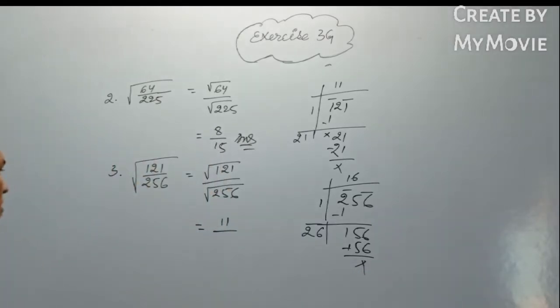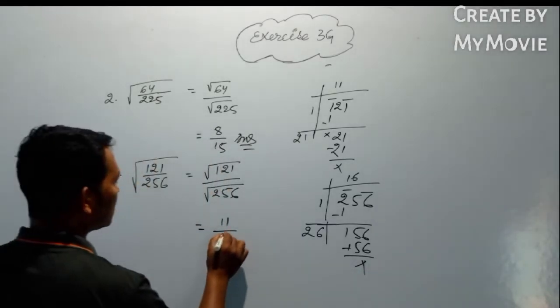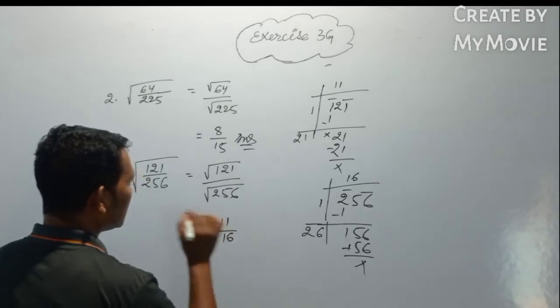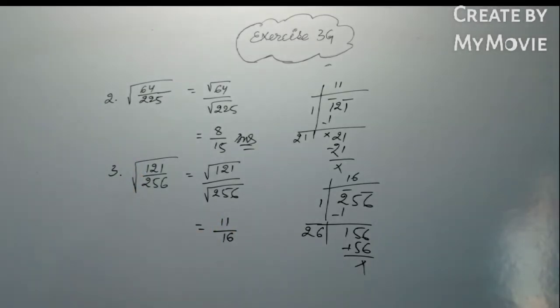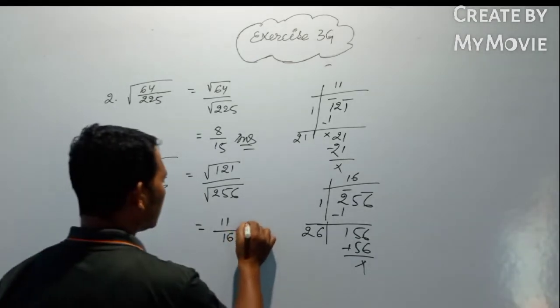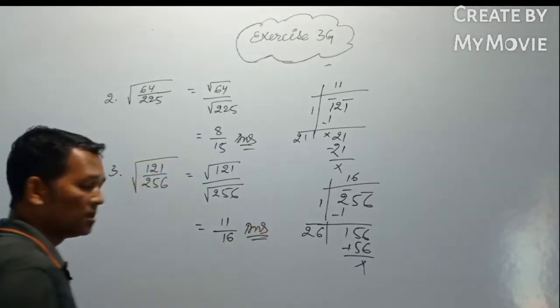So square root of 256 is equal to 16, and therefore square root of 121 by 256 is equal to 11 by 16. So this is the answer.